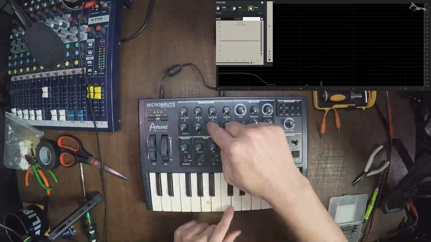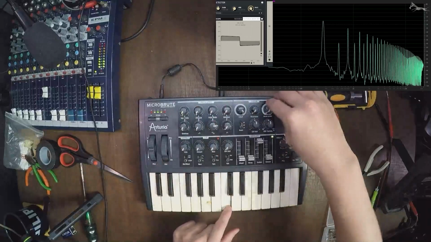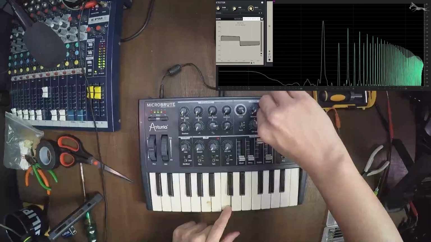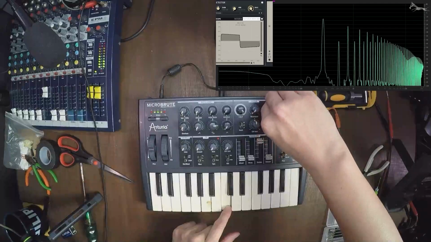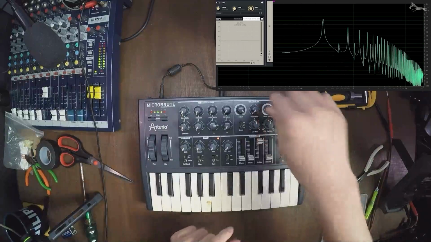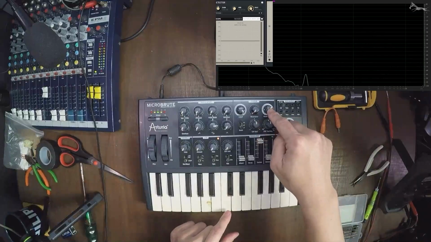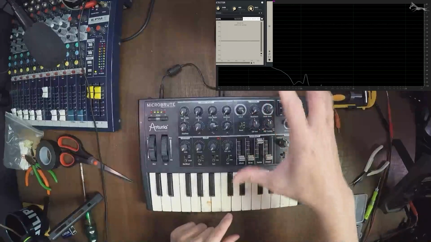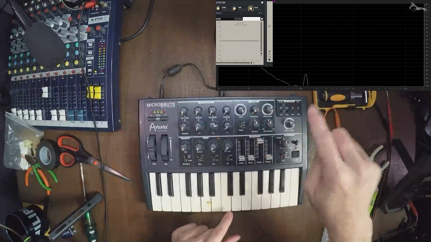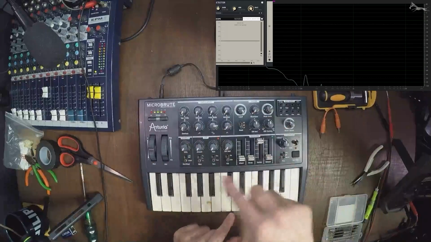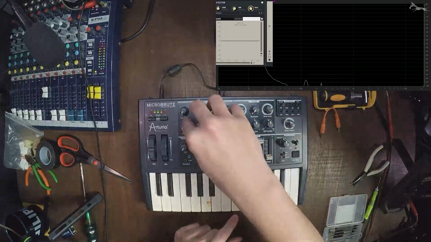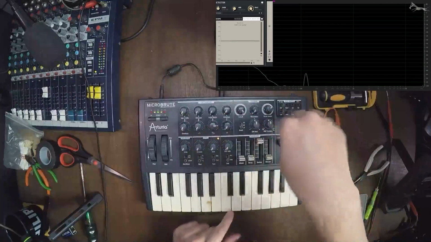So we got a full pulse width pulse wave. So we can verify with the amplitude on the oscilloscope that the amplitude is increasing. So it looks like we are feeding this sound source back into the filter.